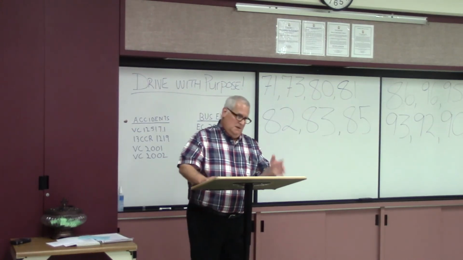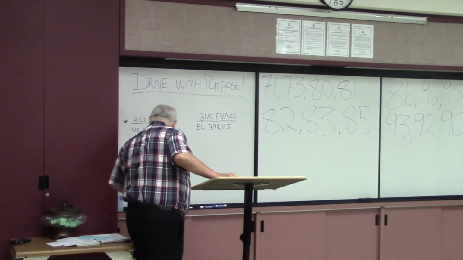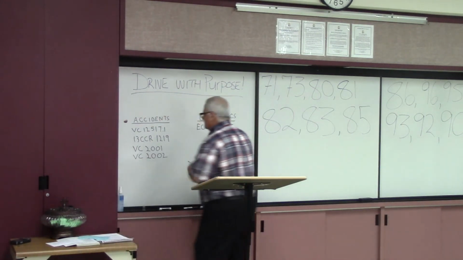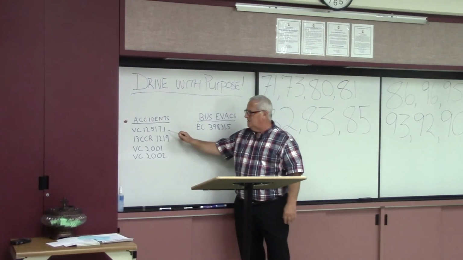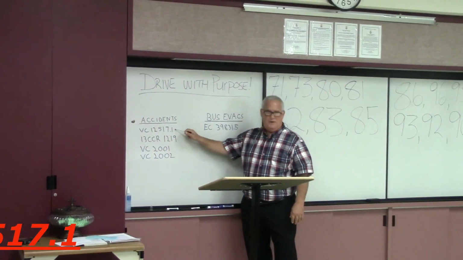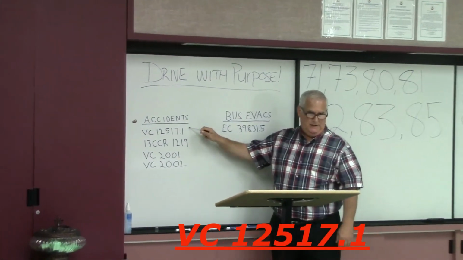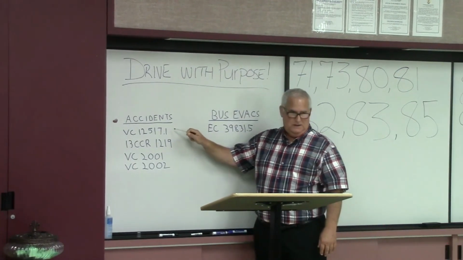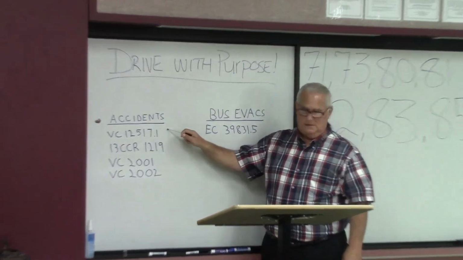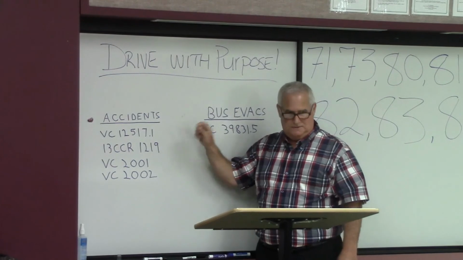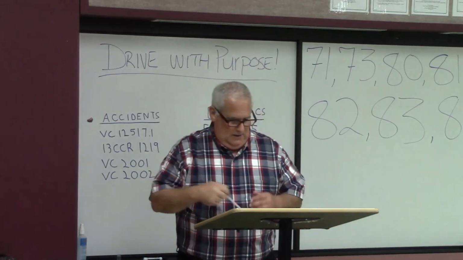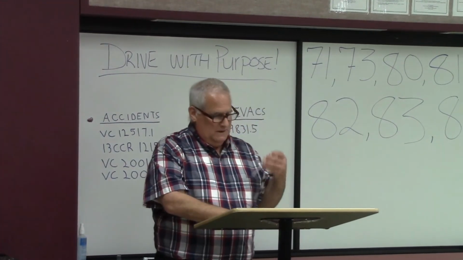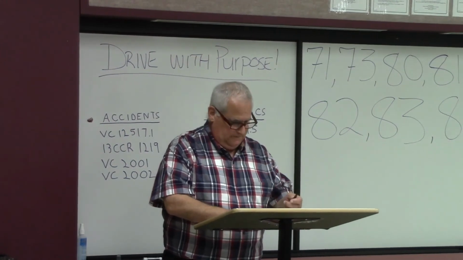Okay? So the first thing we have here, I don't know if everybody can see, is Vehicle Code 12517.1. Especially the new originals and the new renewals will remember that. It's the definition of a school bus accident.